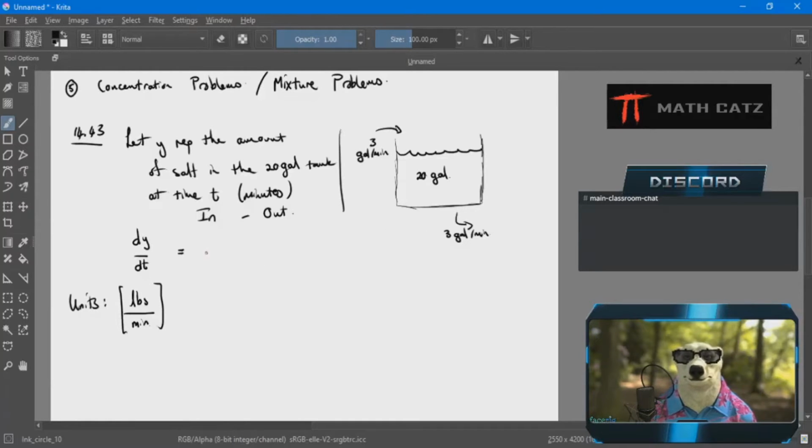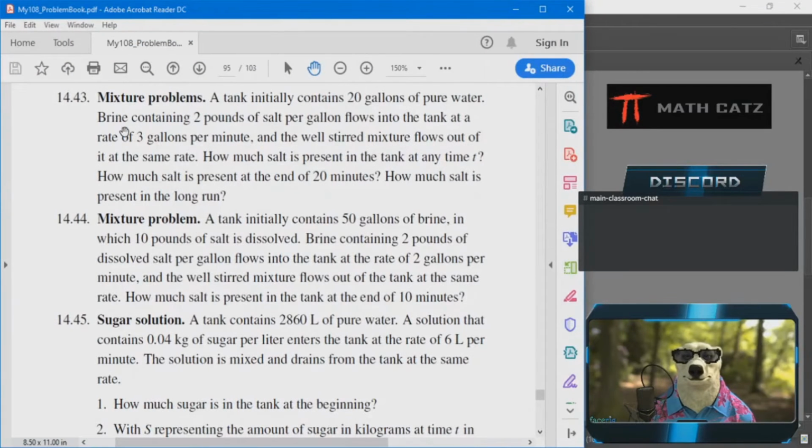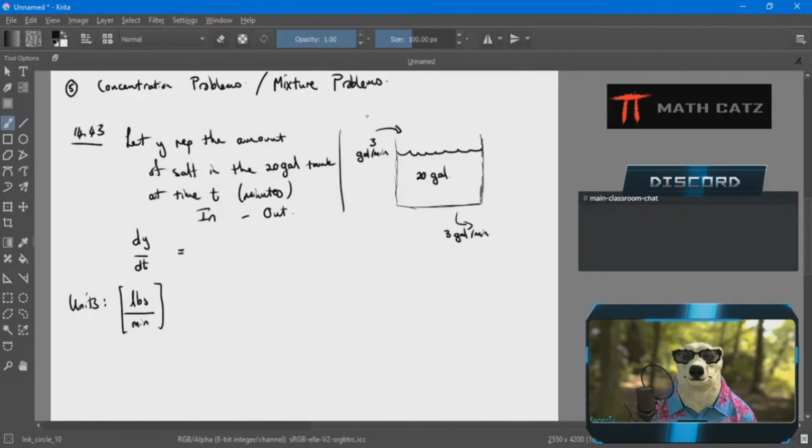Okay. Now, how much salt is coming in? Well, they say brine containing 2 pounds of salt per gallon. So 2 pounds per gallon. So now I have here pounds per gallon. I'm going to have to multiply that with gallons per minute to get the pounds per minute unit.